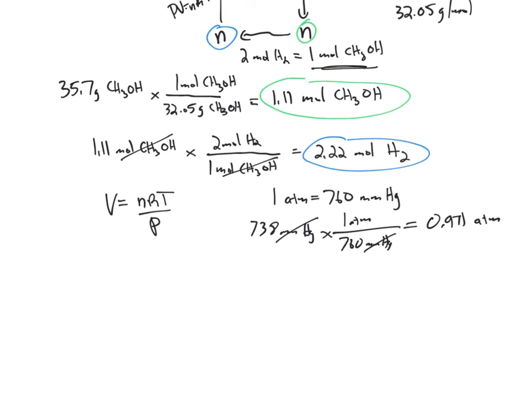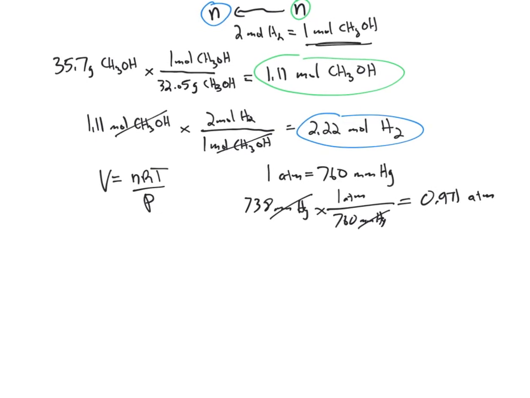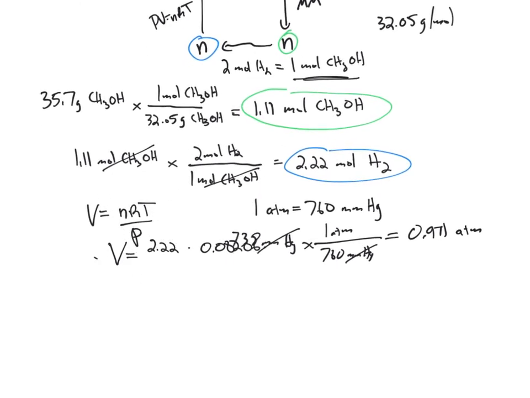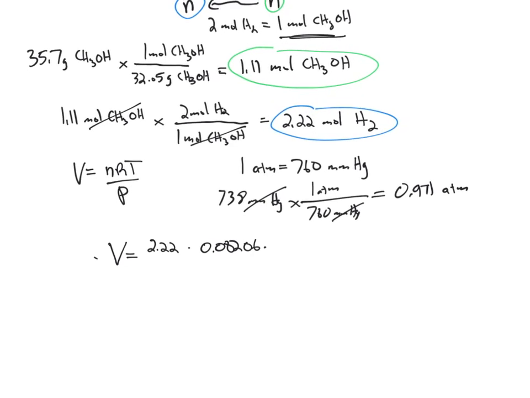So my volume is going to be my 2.22 moles, and I'll do the units off to the side. R, the temperature was 355, divided by the pressure.